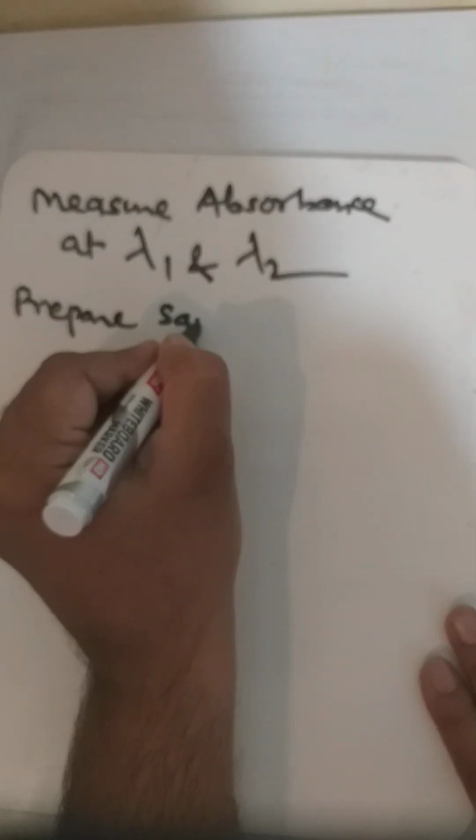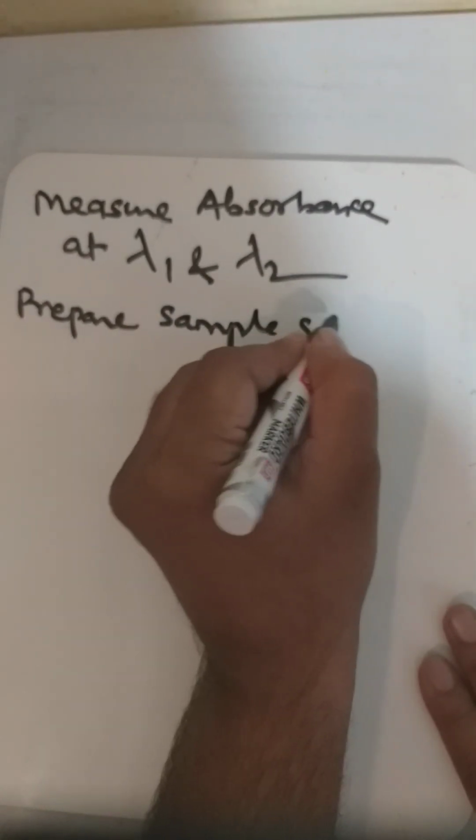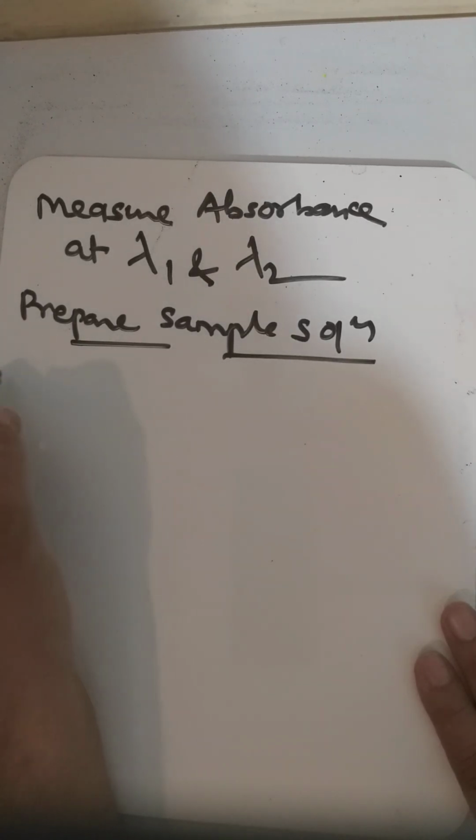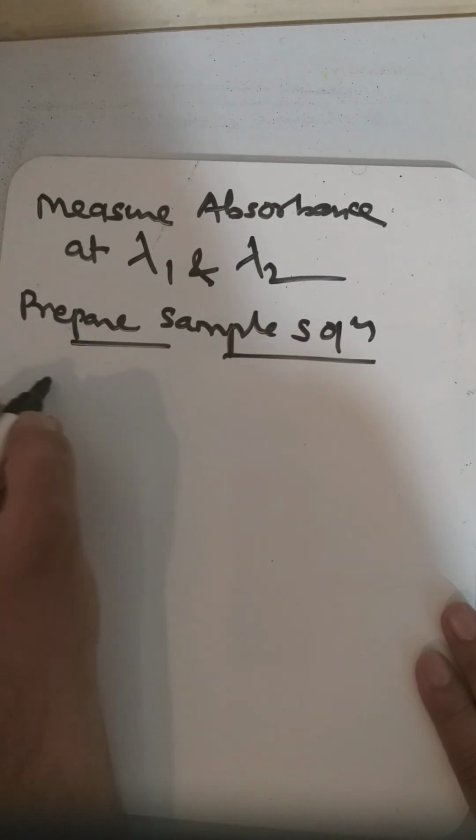Now what do you have to do? You have to prepare the sample solution. The sample solution is already 100 times diluted, and you will be provided with it.